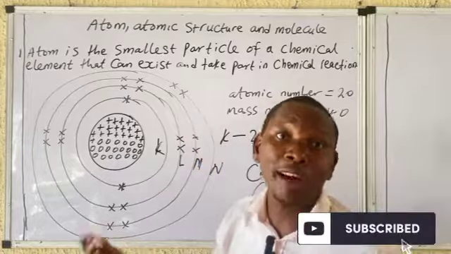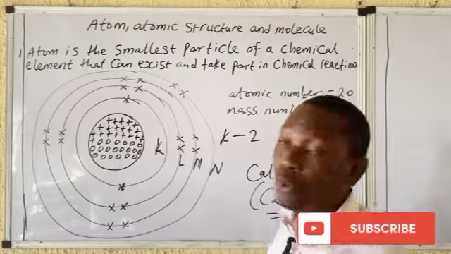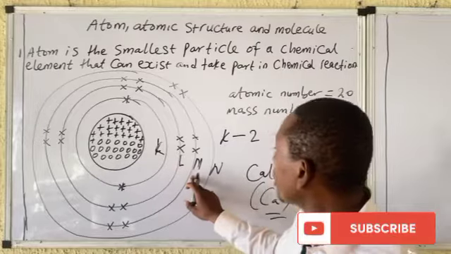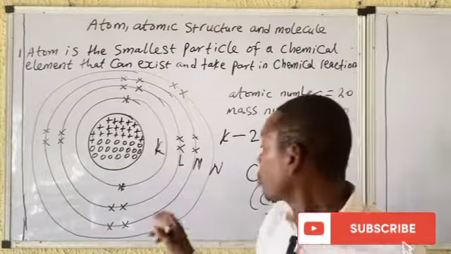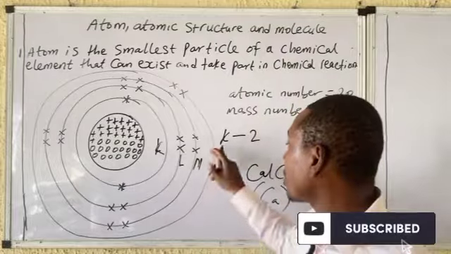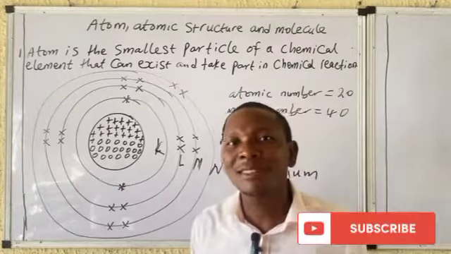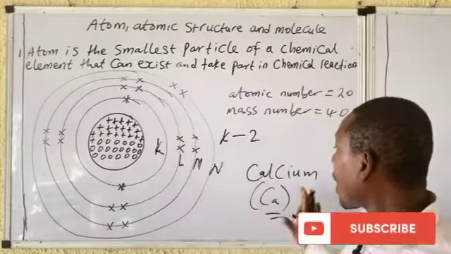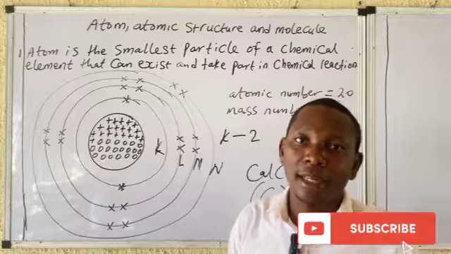The last shell will just have 2 electrons, so we put the last 2 electrons in the N shell. So this is the simple atomic structure of calcium as an element.